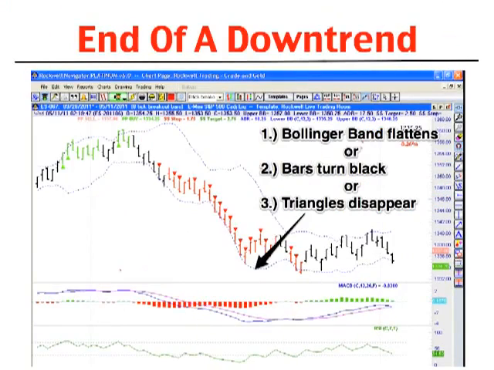And as soon as either the triangles disappear or the lower Bollinger Band flattens or the bars are turning black, I know that the downtrend is over. And these principles apply to any market. I told you. It's simple yet very powerful because now you're looking at charts differently than most other traders.